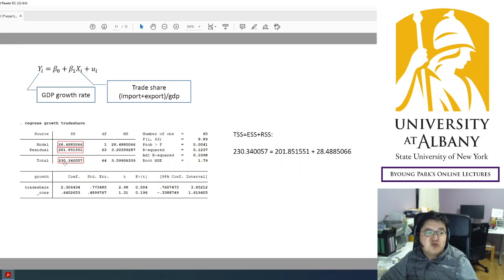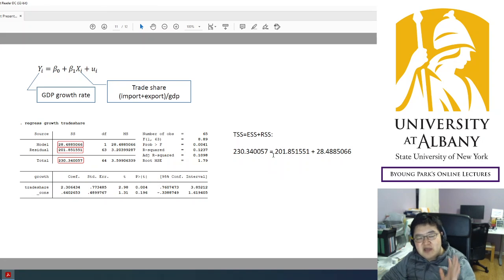But after you estimate the regression model, with only one variable, the trade share, you could explain only about 28 of the total variation. 28 is how much you explained, and the other remaining 201 something is not explained. So if you use the calculator and check this, then you should get exact equality.